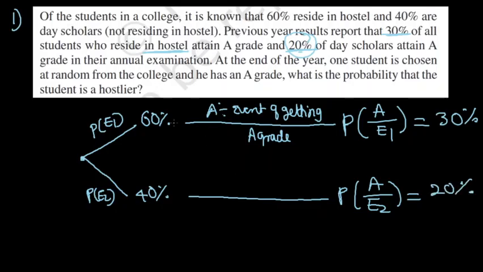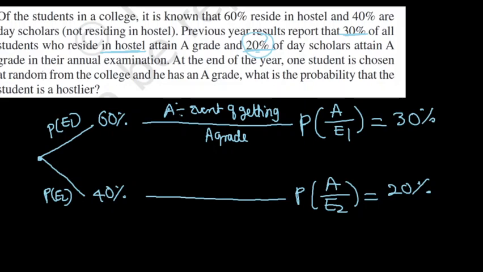So here the given data is this. Then at the end of the year, one student is chosen at random from the college. He has A grade. What is the probability that the student is a hostler?